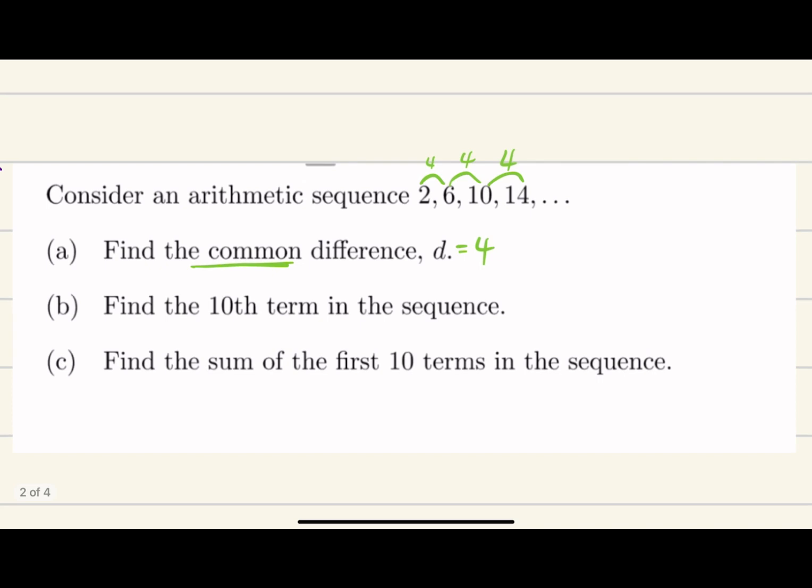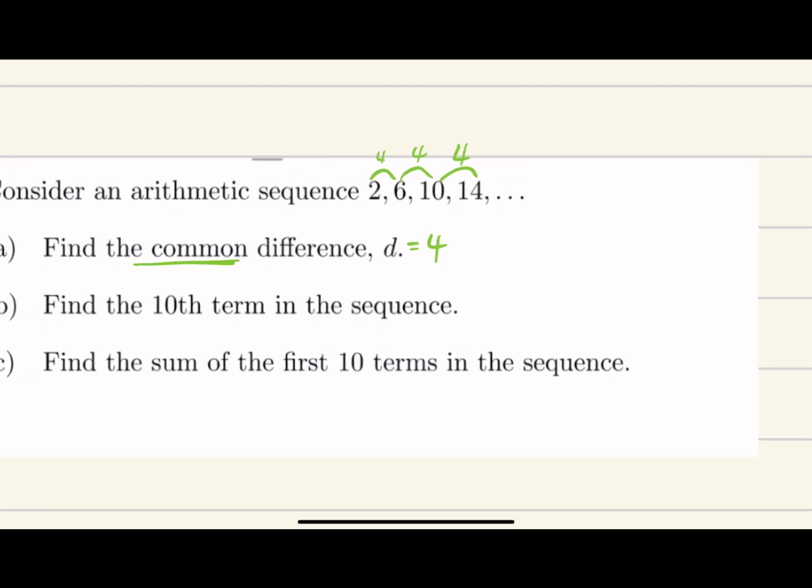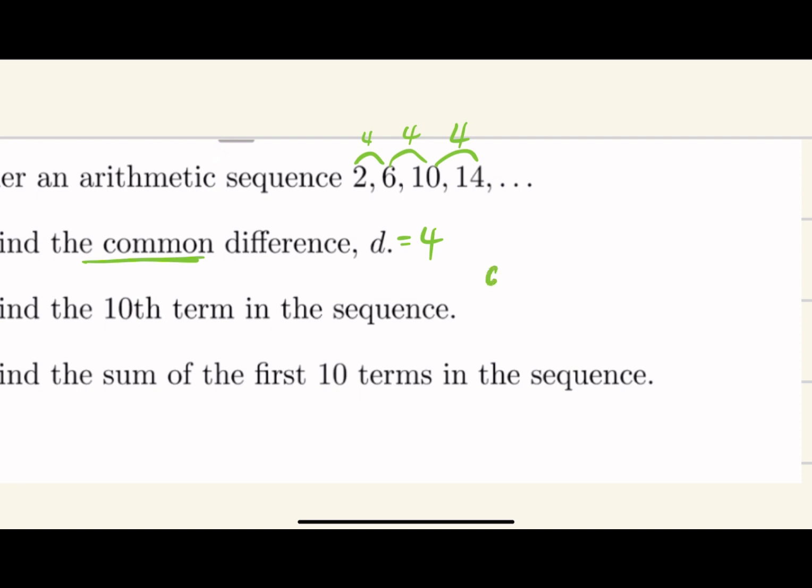Okay. The next one, the 10th term in the sequence. When we're trying to find a specific term in an arithmetic sequence, we only have one choice, and the choice is an equals a1 plus n minus 1 times d. When we're finding a specific term, that's what we do.